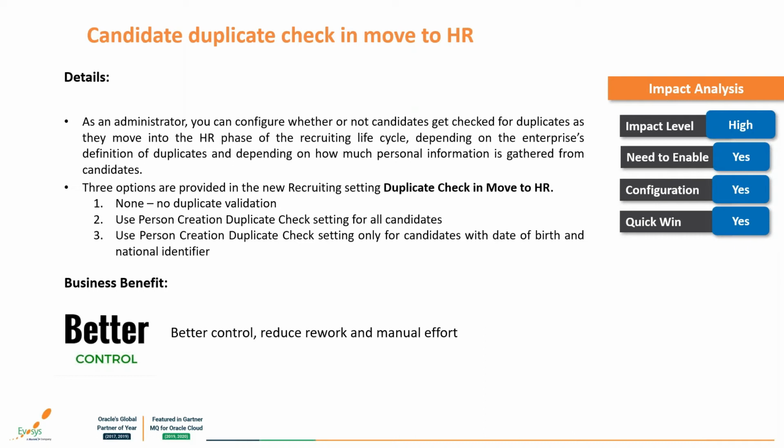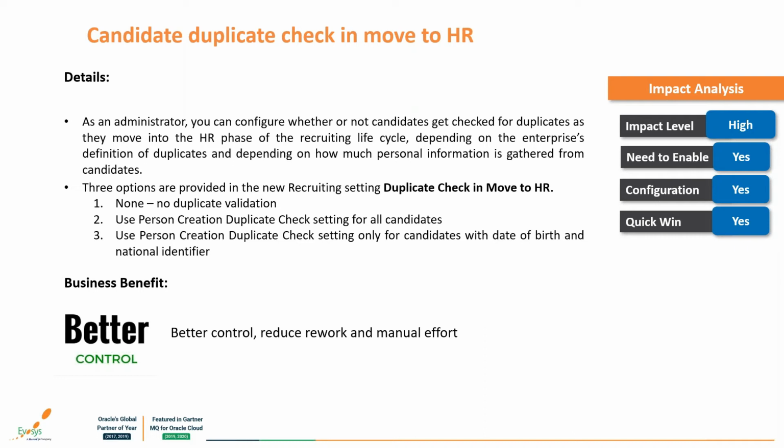When she moves to the HR phase of our candidate selection process, this process will check against all the workers or ex-workers present in the system for any potential duplicate record, and will inform us of the same.